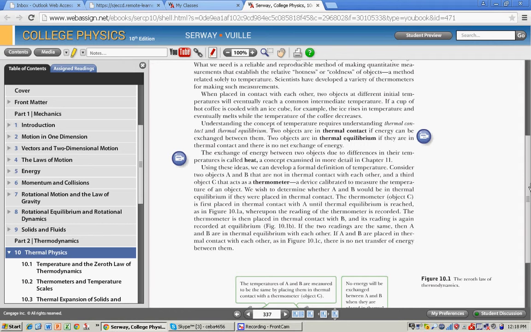If you have two objects, one warmer than the other, which is a kind of advance on the concept of temperature, they are not at the same temperature, which means they have different stored energy in them. When you bring them together and allow them to be isolated, there will be an exchange of energy between those two objects to the point that eventually the energy will be equalized.